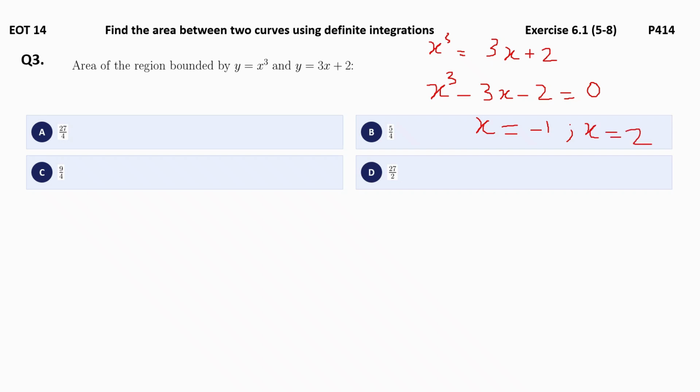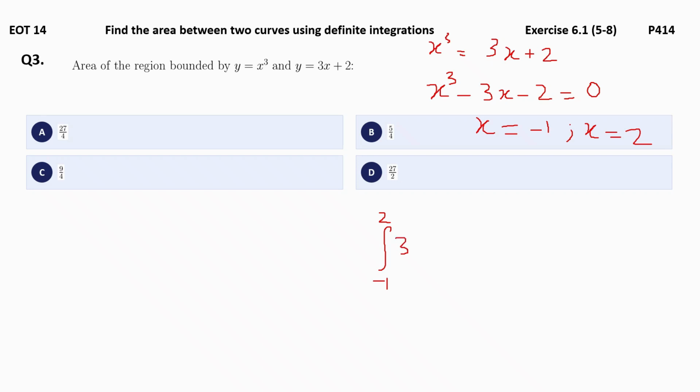When you find the integral value from -1 to +2, as I said, if you need, you can even subtract x cube minus 3x plus 2 or the reverse. Only thing, if you do minimum function minus maximum function, you will be getting the negative value. If you do maximum minus minimum, you will directly get the positive value.